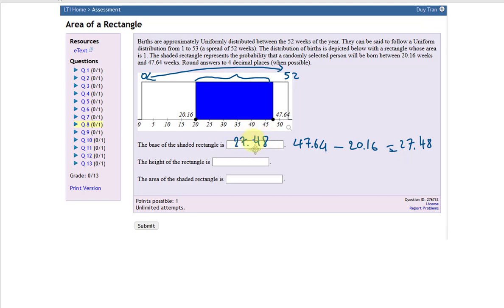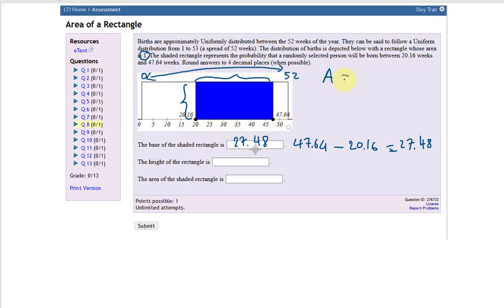Now they also ask you for the height of the rectangle. The height is this distance. So how do I figure out the height? We are given that the area of the whole rectangle is 1, the whole big rectangle outside here.